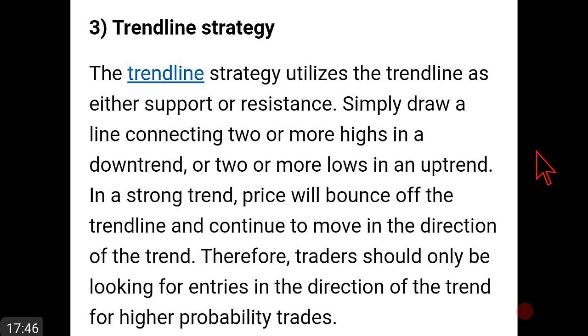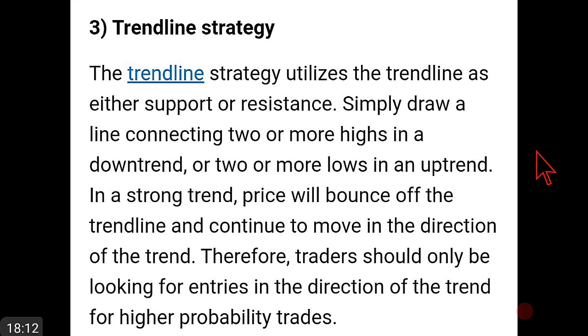Like I showed you before, in a typical candle, you see where the highs are. So you connect two or more highs in a downtrend, or two or more lows in an uptrend.